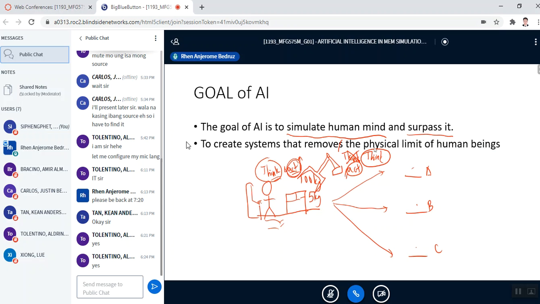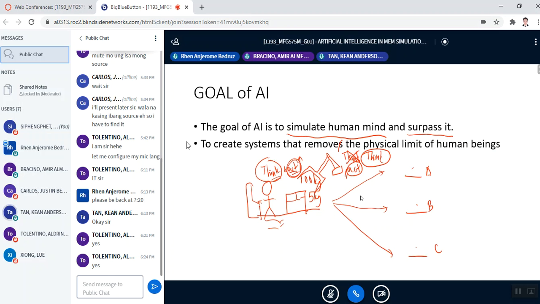Is that clear? Since we cannot make the person carry 100 kilograms, whatever we may do, instead we just make the robot arm think. Instead of making the person act, we make the robot arm think. Am I clear with my example?